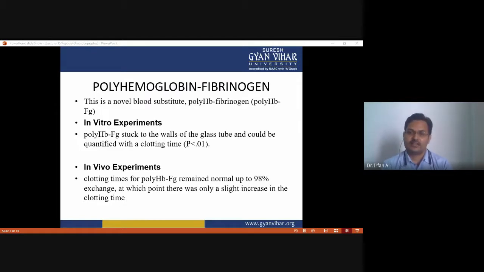So some researchers use nanobiotechnology to develop a blood substitute that is an oxygen carrier along with other beneficial properties, with platelet-like properties. So this is a novel blood substitute, polyhemoglobin-fibrinogen. Okay, and briefly, polyhemoglobin-fibrinogen was prepared by the process of the fibrinogen solution, approximately 40 mg dissolved in 4 ml of Ringer lactate, being added to the polymerizing polyHb solution.